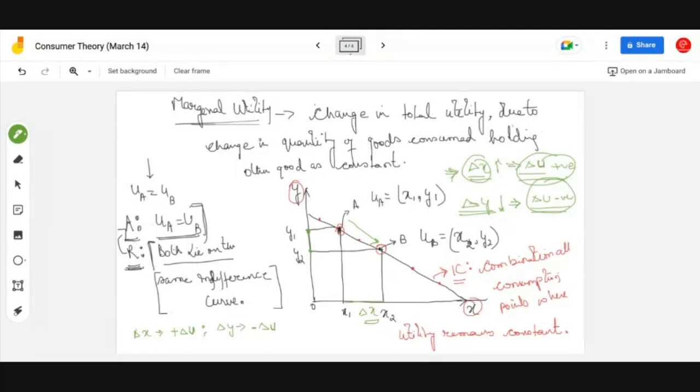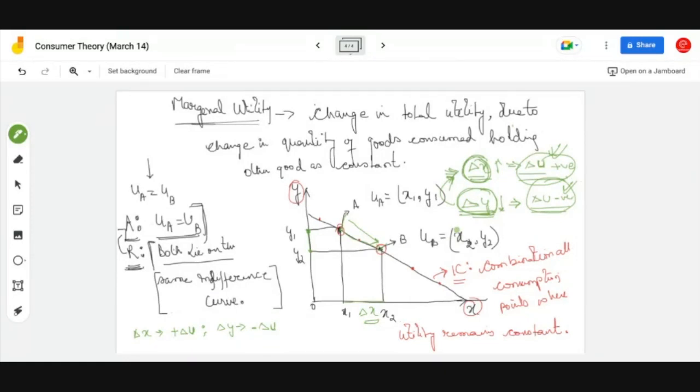Zero, sir. See, now what is happening is that we are saying that from here to here, the utility at this point is equal to the utility at this point. This means this change must be equal to this change. That's why whatever decrease in utility takes place due to the decrease in Y must be compensated by an increase in utility due to good X. Then only we can say that our total utility is constant.